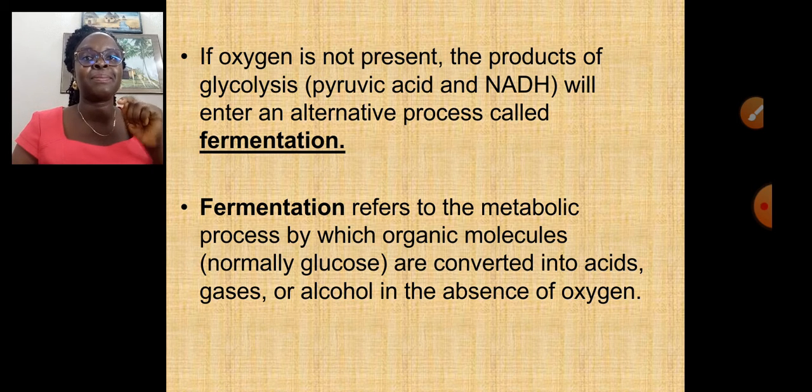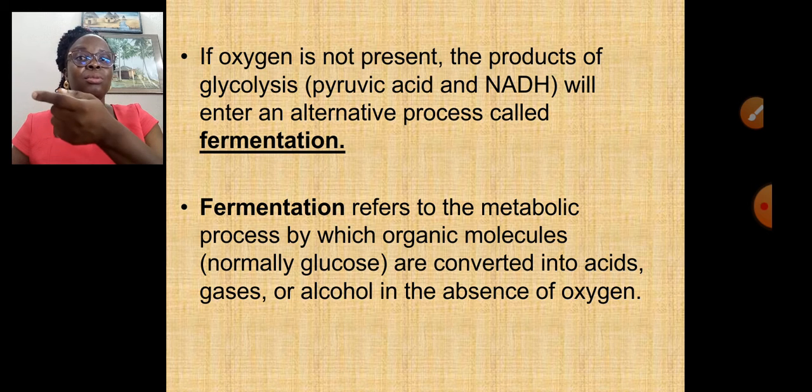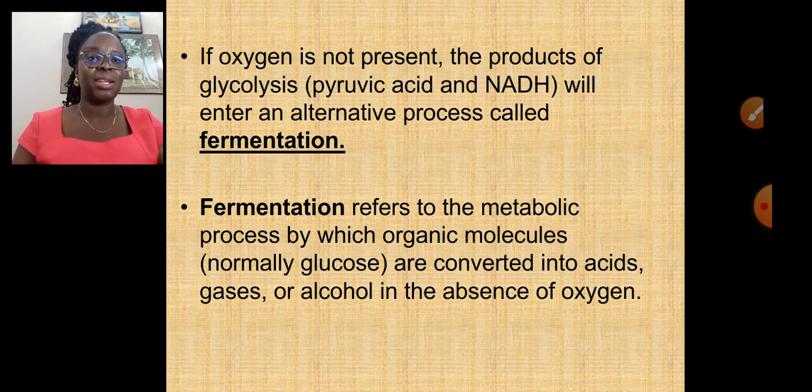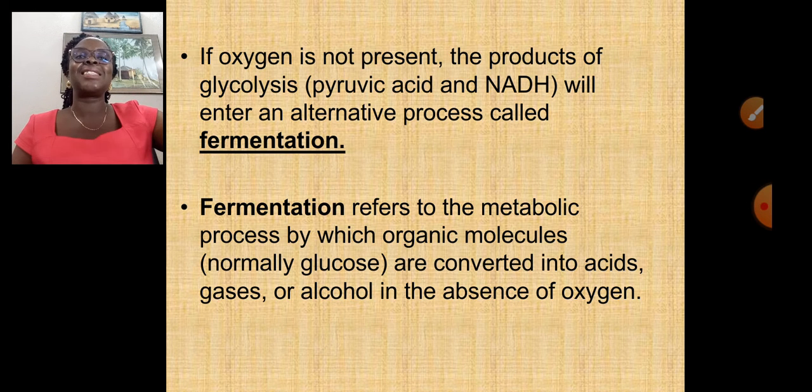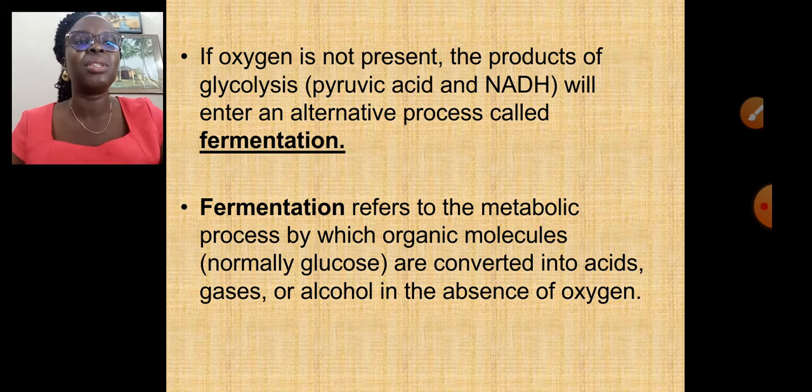Fermentation refers to the metabolic process by which organic molecules, that's normally glucose, are converted into acids, gases like carbon dioxide, or into alcohol, like ethanol and methanol, in the absence of oxygen. So note that fermentation is an anabolic process.